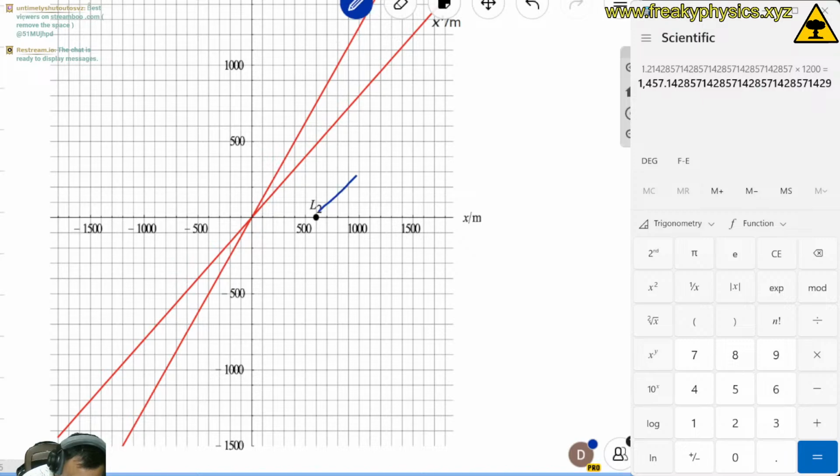In the exam you're expected to use a ruler, but for now I will just keep doing that. And you will notice that it intersects this point here, L2, L1, more or less that point. Why is that L1? Because we know that they happen at the same time.